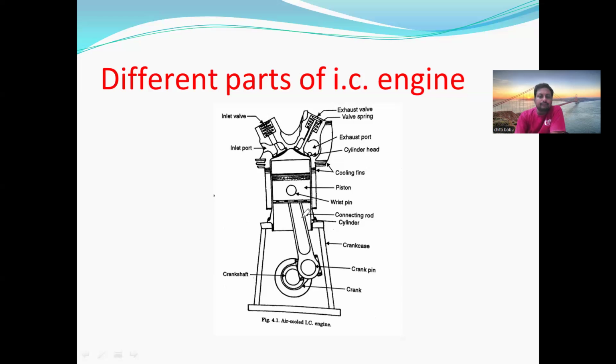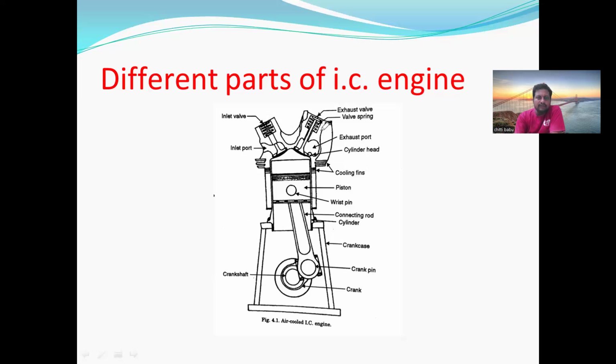So in the engine cylinder, the piston will be reciprocating. Here we have an inlet valve and exhaust valve.